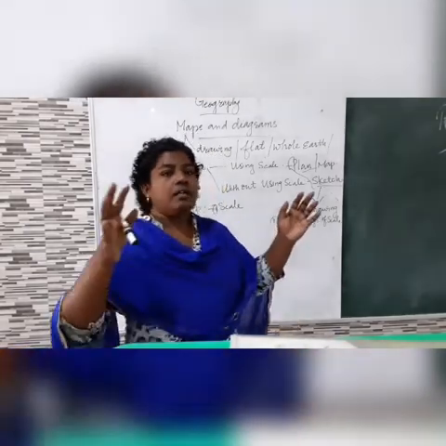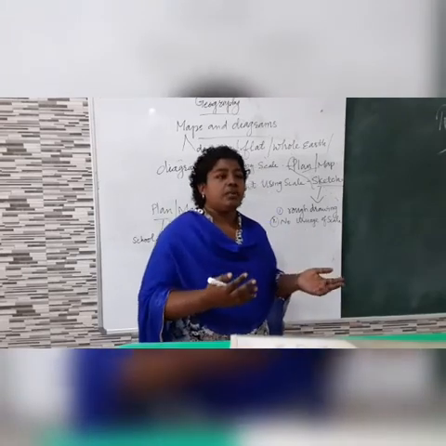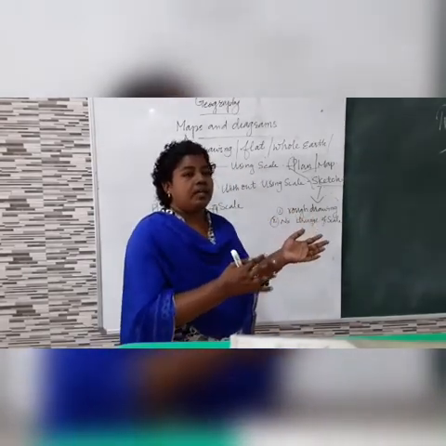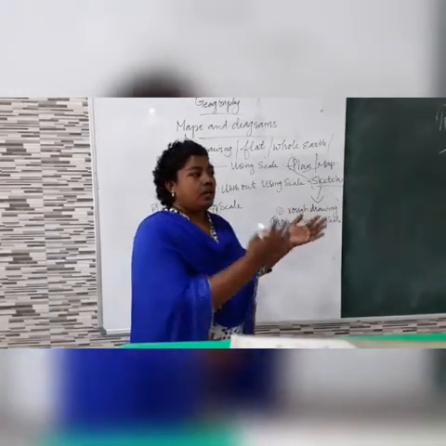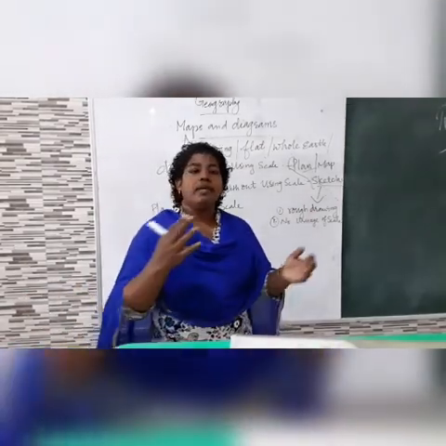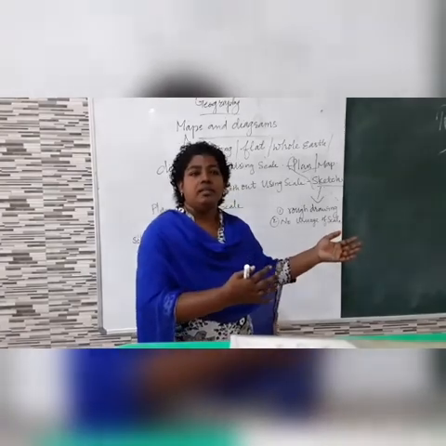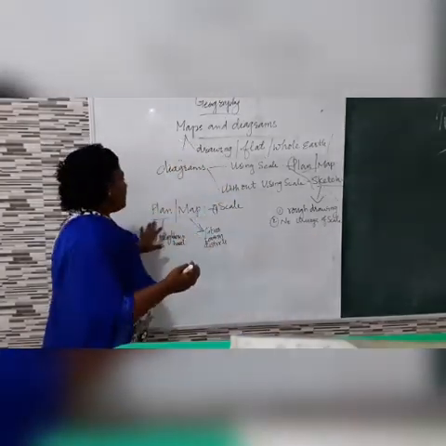It shows the shape of the building. It gives detailed information about what will be in which area of the building, like the kitchen. If it is a school, where the main office will be, where the classrooms will be, and where the other important places will be. All these things can be shown in the plan.